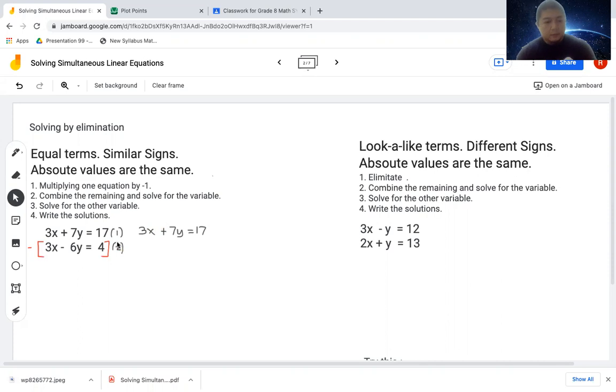Once we multiply by the -1, automatically the signs are going to be different. So this +3 will now become -3, this -6y will now become +6y, and this 4 will now automatically become -4.